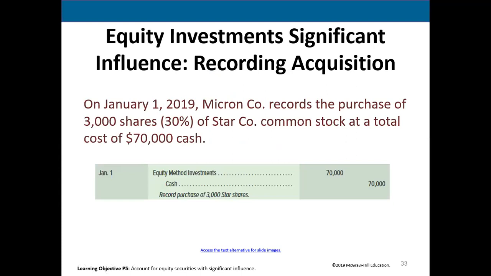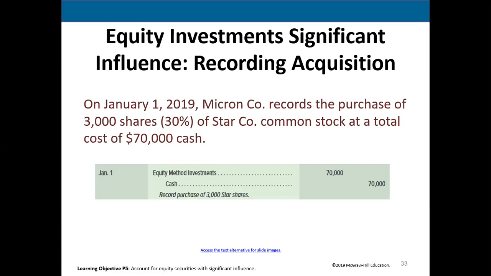And here's what we do. We record the purchase of the company at its cost. So I'm going to make a T account on my little notepad in front of me right now. They do call this equity method investment because that's the method we're using. You can still call this stock investment, but I'm going to go with what the book calls it.